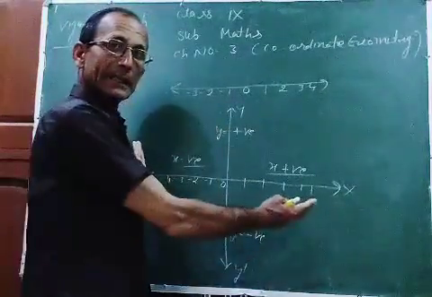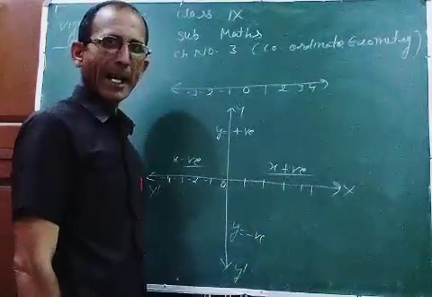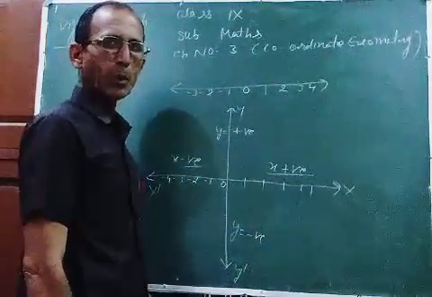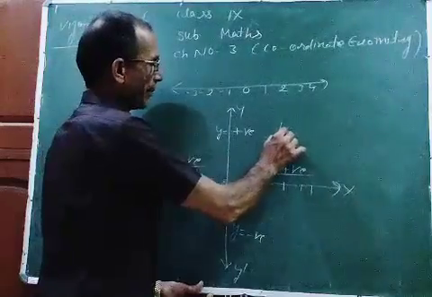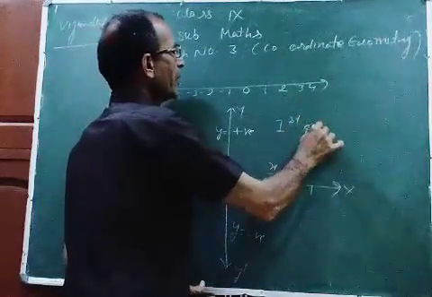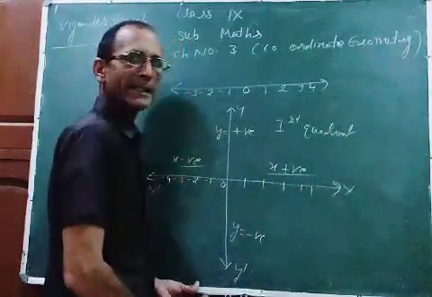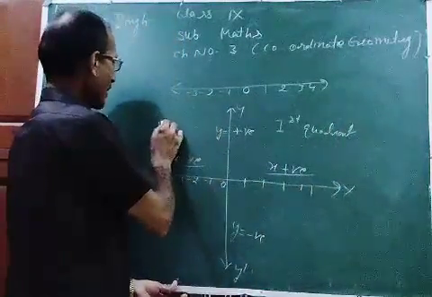So these axes are dividing a plane into 4 parts. This part is the first quadrant. Pay attention and try to understand. First quadrant. This is the second quadrant.